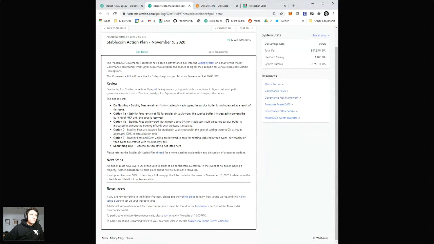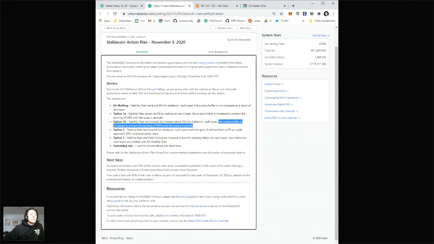Option 1A. Stability fees remain at 4% on stablecoins, and the surplus buffer is increased to prevent the burning of MKR until the issue is resolved. Option 1B. Stability fees are lowered, remain above 0%, and the surplus buffer is increased to prevent the burning of MKR until the issue is resolved.